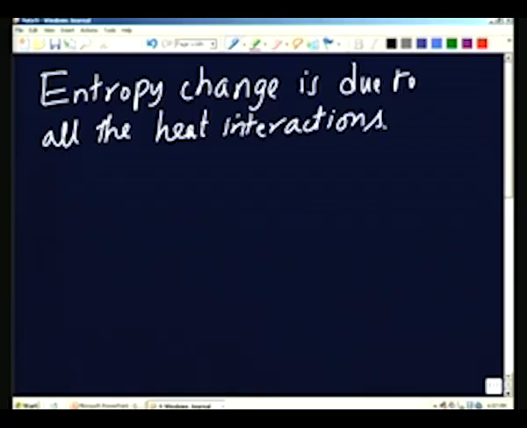So, I can find out what the heat interactions are. I know the Peltier heat at the two junctions and the Thomson heat all along the two conductors. These are the ones which are going to give rise to the change in entropy, and I am going to require that the net change in entropy must be equal to 0. So, we will write the expression for that.